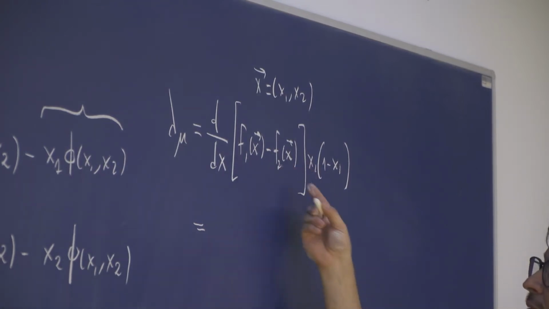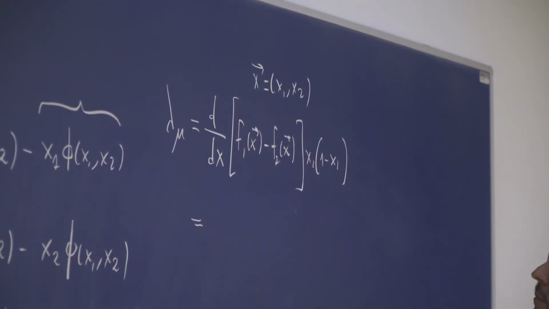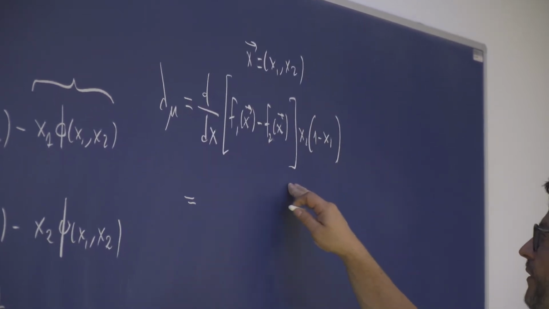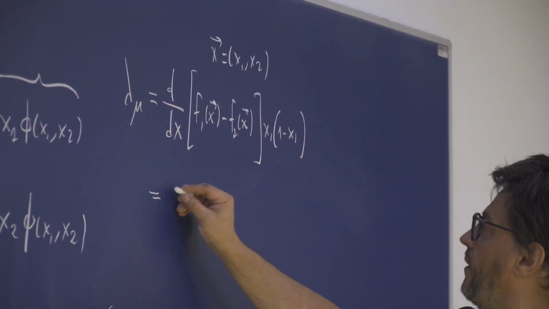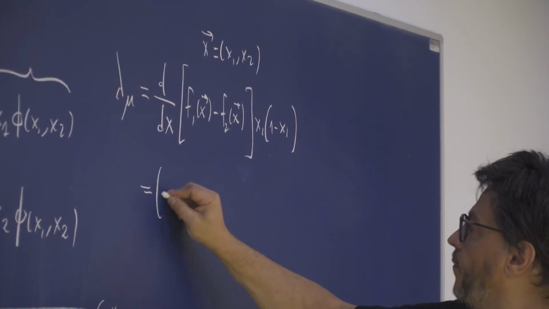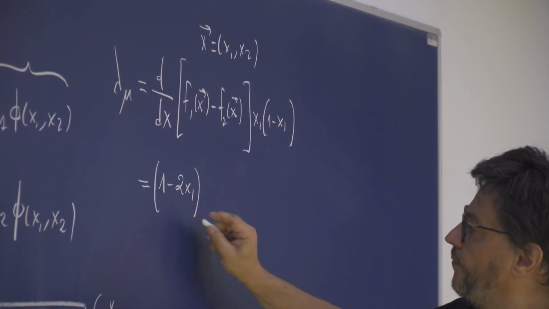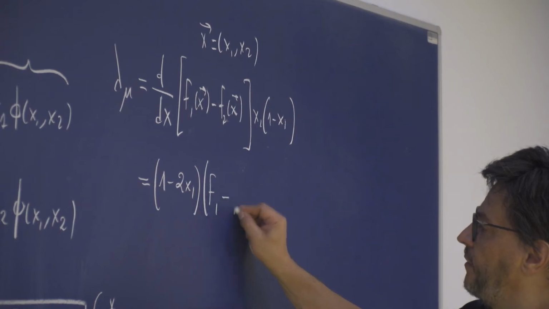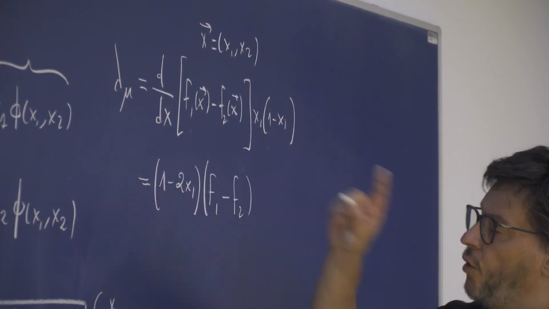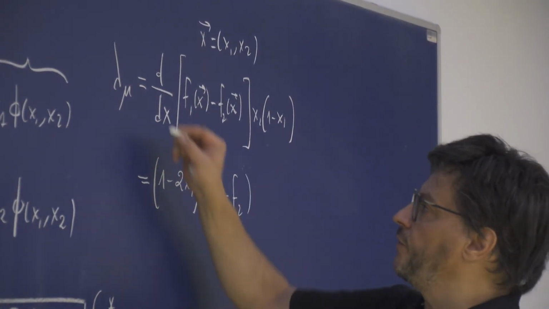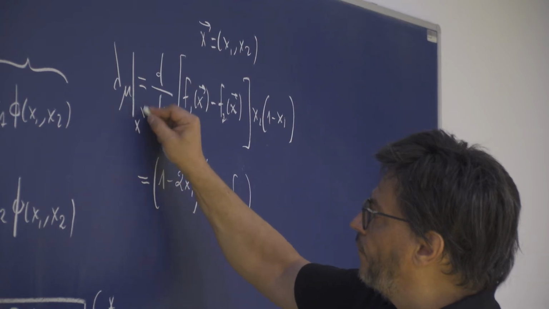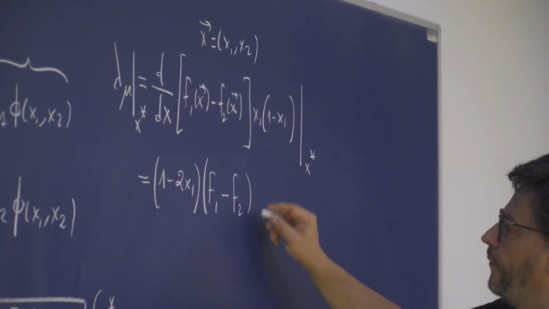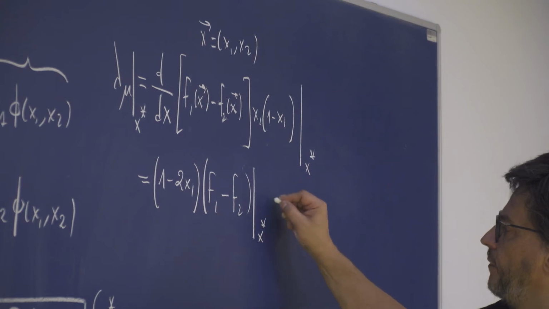Of course, this all collapses into just x1, but nevertheless, what I'm going to do is this derivative for this part here. I just have 1 minus 2x1 multiplied by this. Let me write it this way. This is always evaluated at a fixed point. So let's write this here, okay? Evaluated at x star.